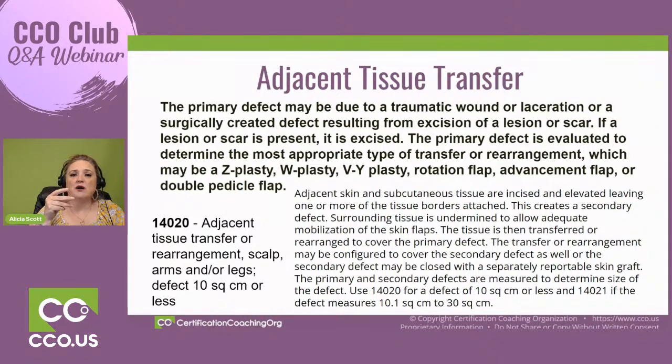Donor sites are more for verbiage used for, hey, I took it from the thigh and I put it on the neck. Then it says that all that surrounding tissue is undermined, making sure that it's mobile because they're going to twist it and it's malleable. And then they're going to transfer it or rearrange it to cover the primary defect.